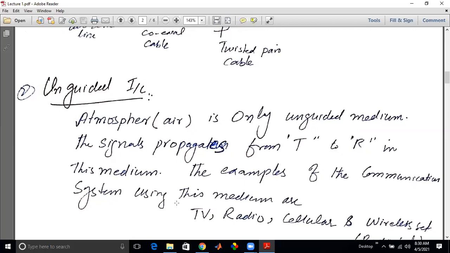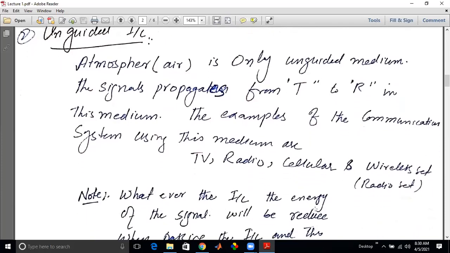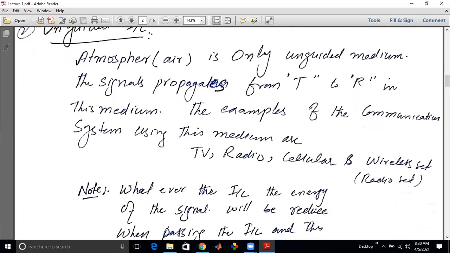Examples of communication systems using this medium are TV broadcast. TV broadcast is an example of wireless communication, and also radio broadcast and cellular mobile phone. By cellular mobile phone, we mean our mobile phone, and we live in a cell as we are connected toward a BTS base station.